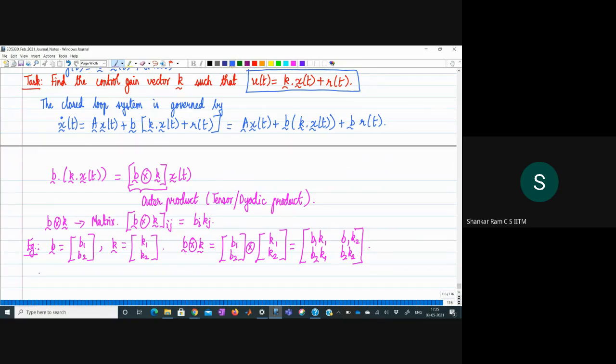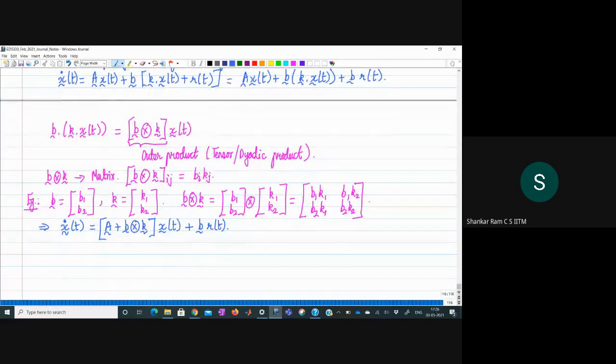Now, using this, going back, the closed loop dynamics of our resource system becomes x dot equals (A plus B outer product K) x of t plus B r(t).